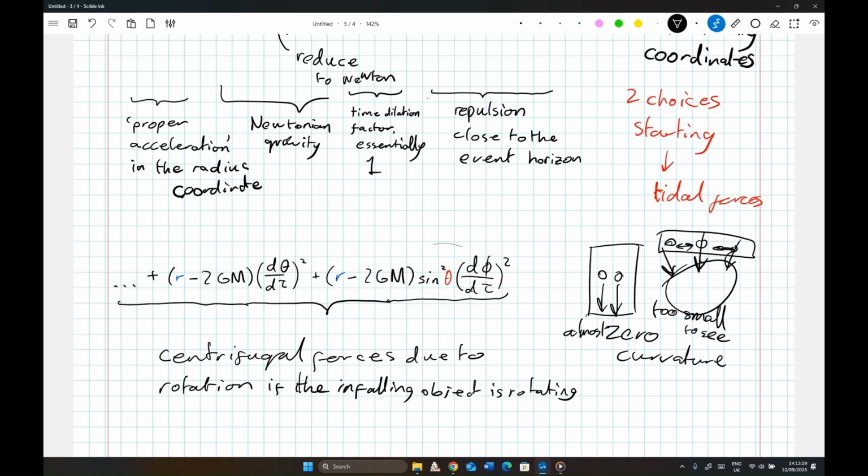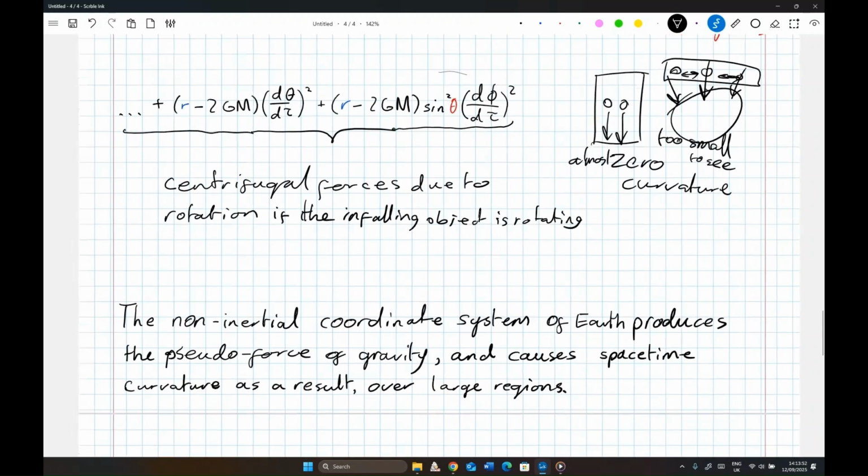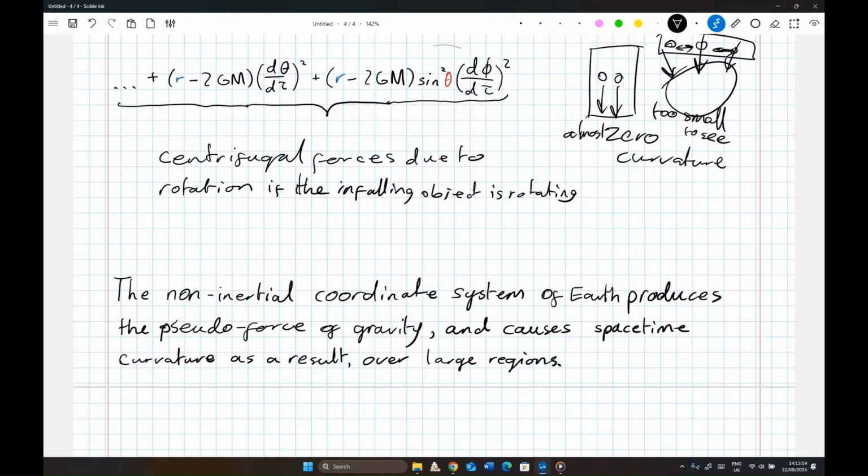The non-inertial frame will mean that if you change the positions at which you start, you will get curvature as a result, and the curvature will be dependent on how distant your starting coordinates are from each other. So the non-inertial coordinate system of Earth produces the pseudo force of gravity and causes spacetime curvature as a result over large regions, and these are measurable tidal forces.